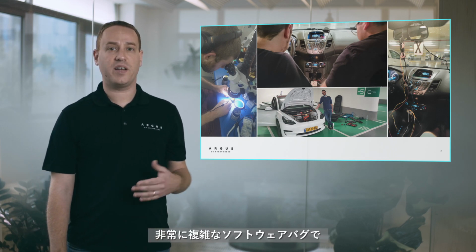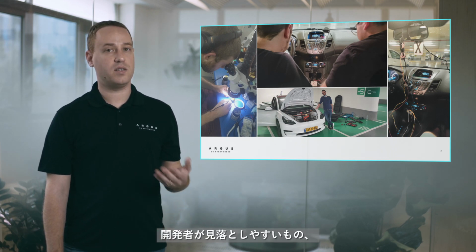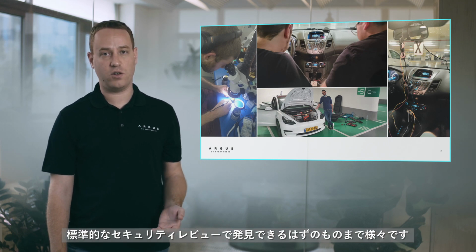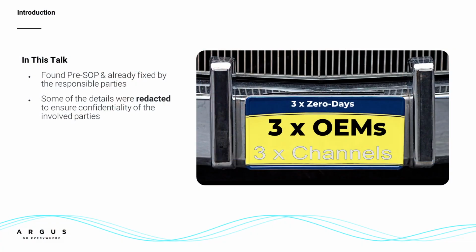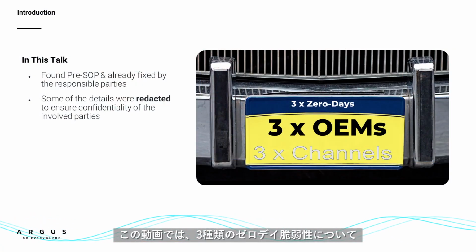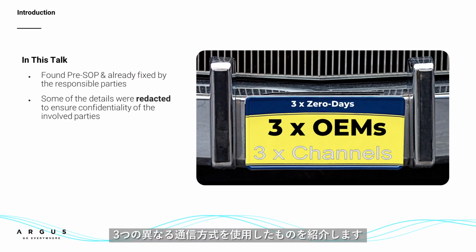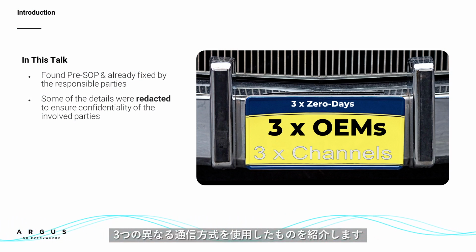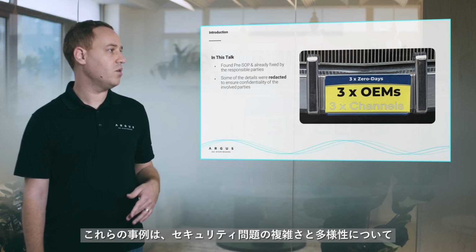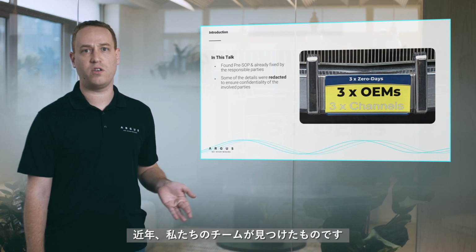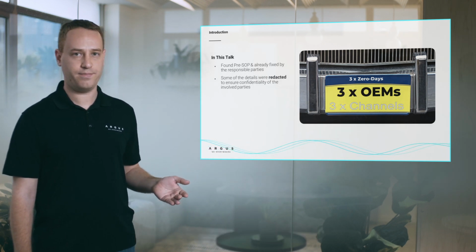Some have very complex software bugs that could be easily missed by a developer, while others should have been caught during a standard security review. In this short talk, I'll present 3 distinct zero-day vulnerabilities found in 3 different OEMs using 3 diverse communication methods. These cases will illustrate both the complexity and variety of security issues encountered by our team in recent years.